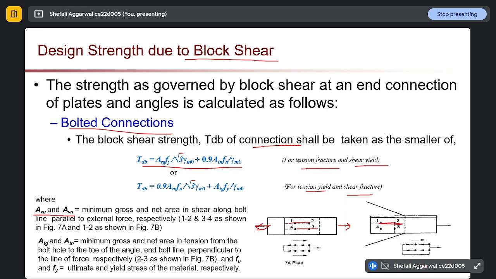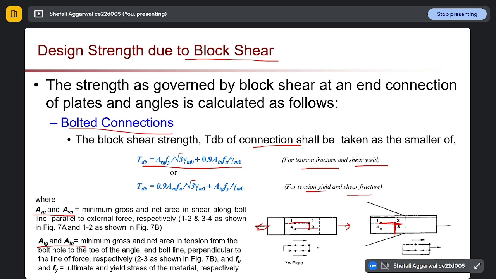And the next thing is the ATG and ATN. This is the net area in tension from the bolt hole to the toe of angle and bolt line perpendicular to the line of force respectively. So if we see, this is perpendicular to the direction of force, that area will be given as ATG and ATN.